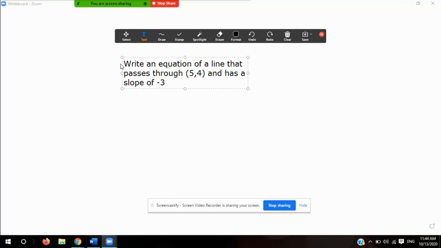So here, you're being given an ordered pair. So basically, you're being given an x sub 1, y sub 1, which is (5, 4).